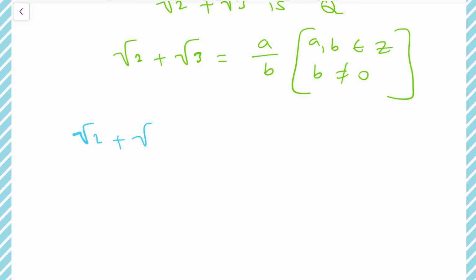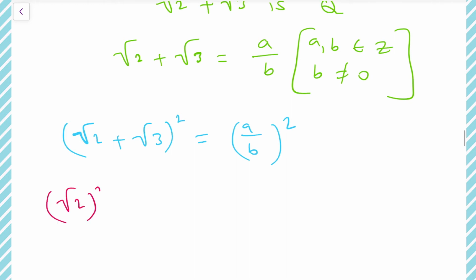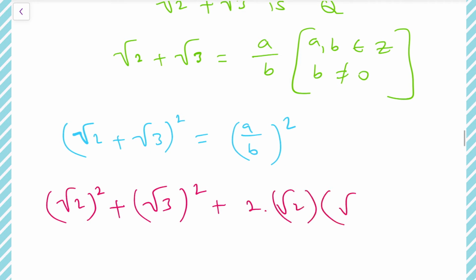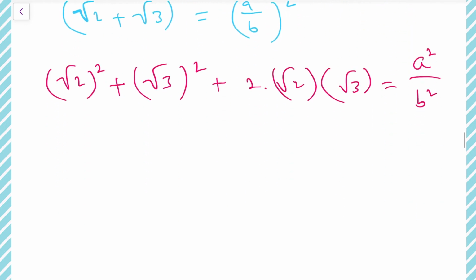Okay, now what I will do is I will do squaring on both the sides. Root 2 plus root 3 whole square equals a by b whole square. So now left side, root 2 plus root 3 whole square is in the form of a plus b whole square. Then if we expand, root 2 whole square plus root 3 whole square plus 2 into root 2 into root 3 equals a by b whole square, which can be written as a square by b square.